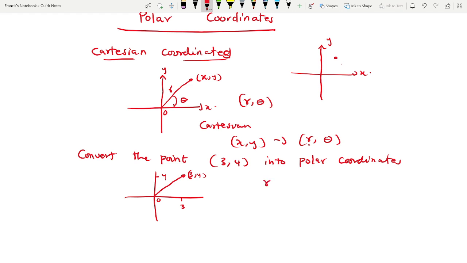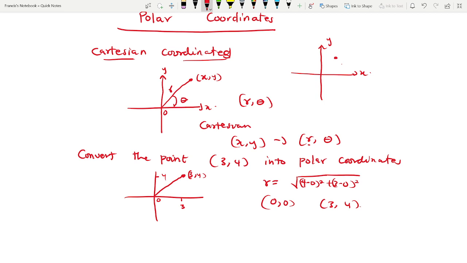So my r is simply the square root of (3 minus 0) all squared plus (4 minus 0) all squared. You realize that when I join this line here, the end point of the line is (0, 0), that is the origin. Then I also have (3, 4), right?